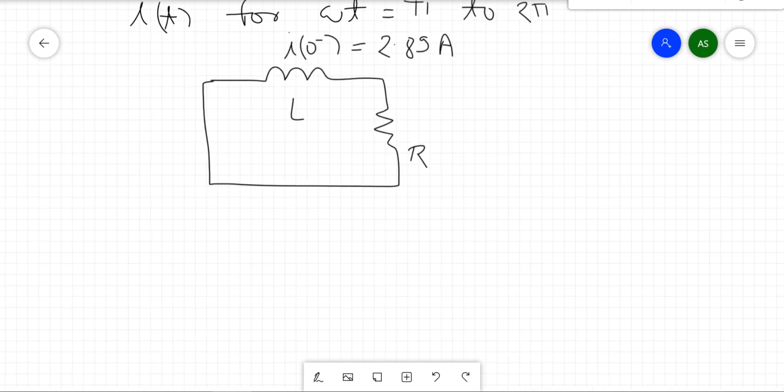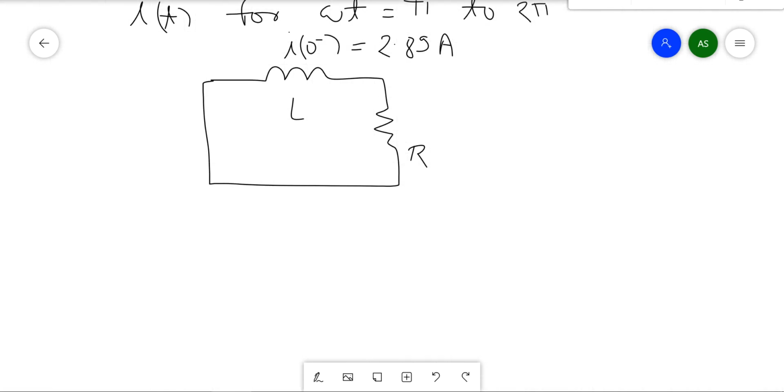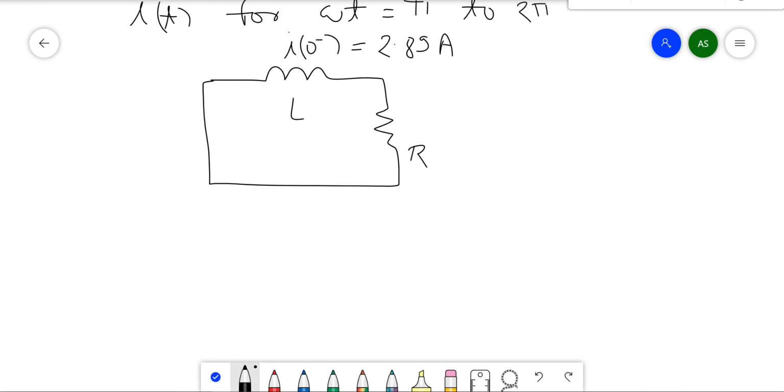And with this condition, if you solve your equation, the expression of the current will be I of t dash equal to 2.89 e to the power minus t by tau.